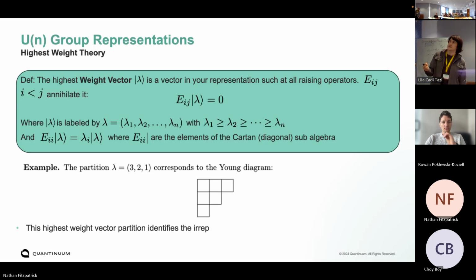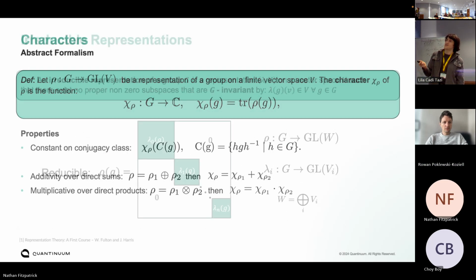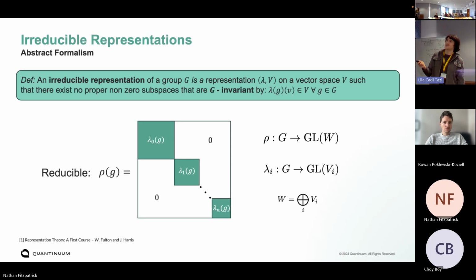So you get a set of basis states, and essentially they're all the same up to some permutation of these lambdas. These weight states are really the set of basis states that live within this weight space here.